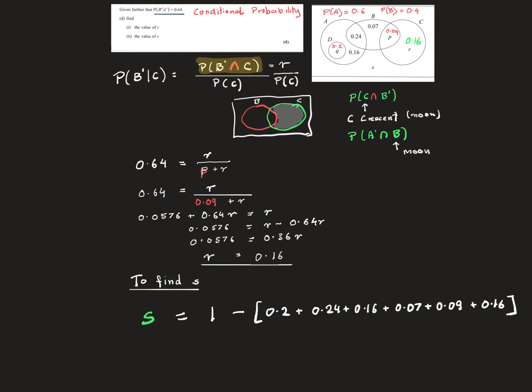And this gave me a value of S being 0.08. I did this on the calculator and I hope that I got that right.